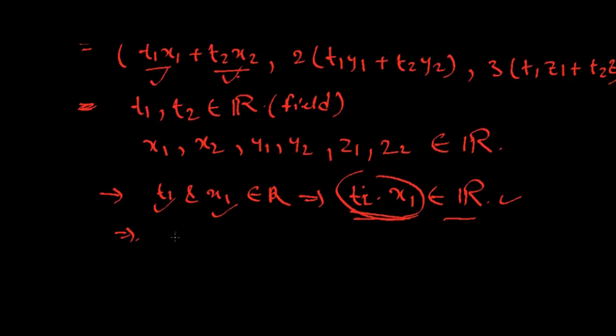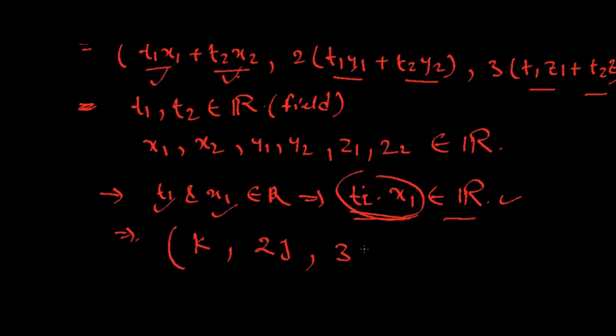So we can say that this is a real number k. Similarly, this will be a real number, this will be a real number, and adding these two will be a real number. So we can say that it is j, so 2 into j. And similarly, the same logic applies here also, so we can write 3 into p.